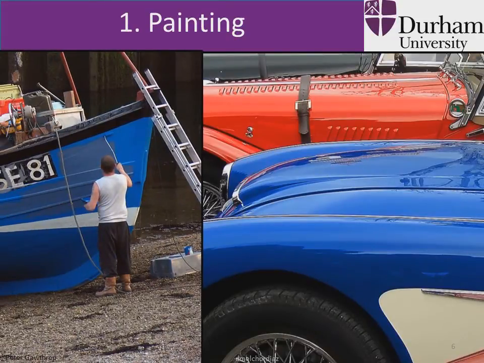However, environmental drawbacks to painting have been recognised as a result of the volatile organic solvents used. As a result, recently solvent-free paints have been made available, as well as solvent recycling plants to reduce the waste produced.